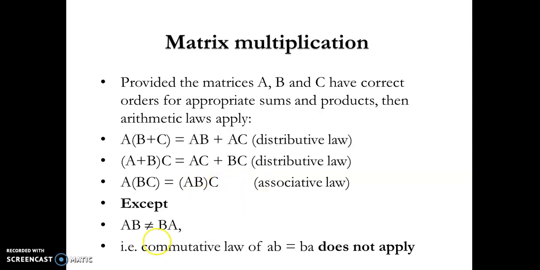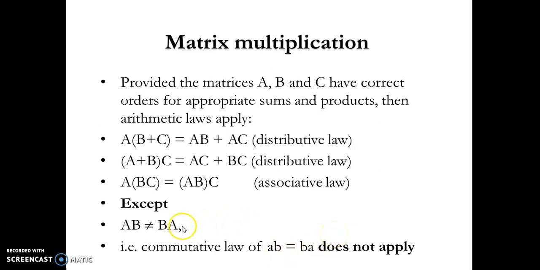However, there is an exception. The commutative law does not apply. So where it does apply in ordinary arithmetic, let's have a simple example, AB, let's call A 3 and B is 2. 3 times 2 gives you 6, right? Or I could say 2 times 3. It also yields 6.